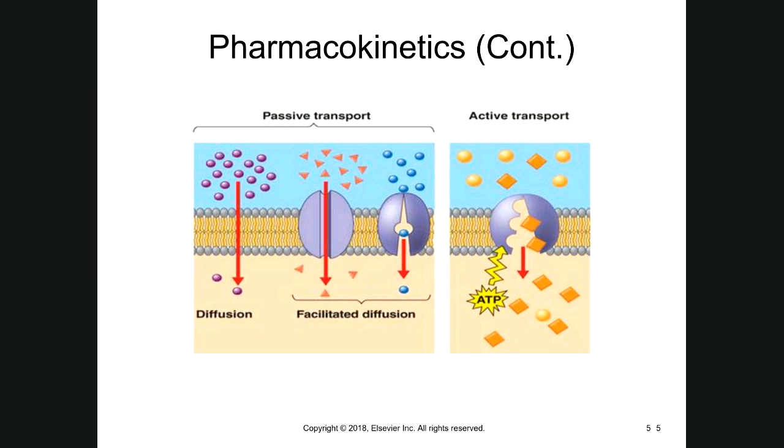Now you can look at this diagram and see how it explains the different processes with diffusion, facilitated diffusion, and then you see where the ATP comes into place in the active transport.